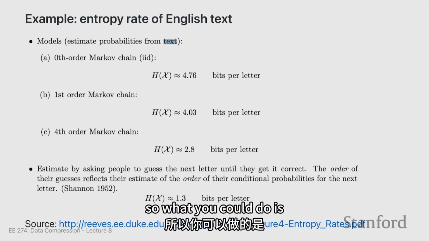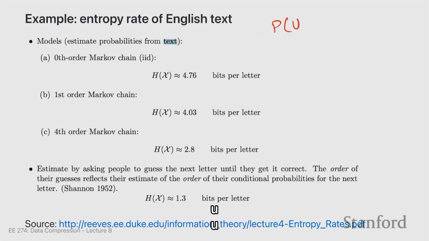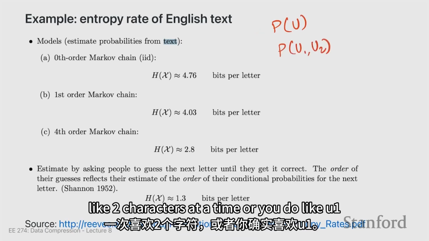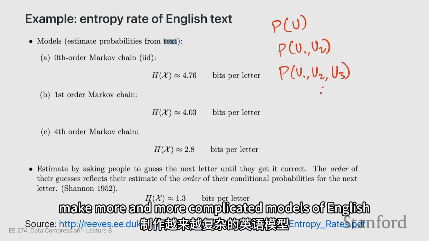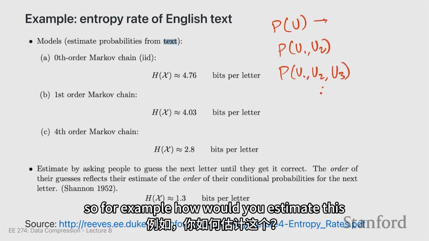So you could find the probability of U, or the probability of U1, U2, two characters at a time, or U1, U2, U3, and so on. So you can make more and more complicated models of English. So for example, how would you estimate this?